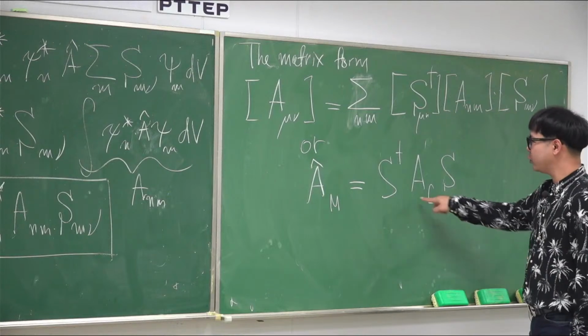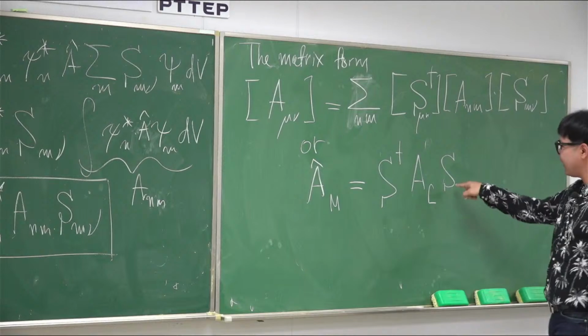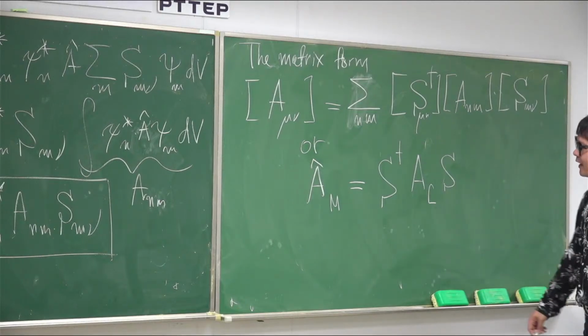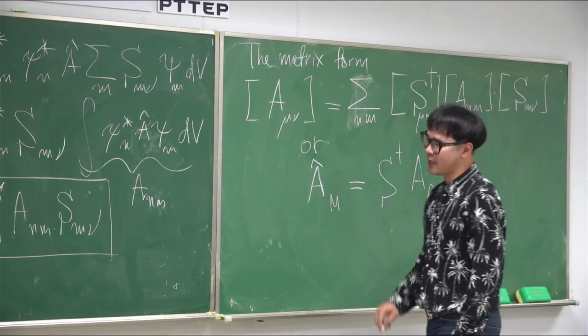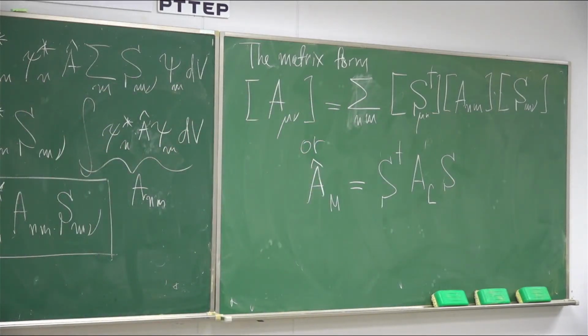And then you do the transformation by sandwiching this matrix S here. You're going to get operator A in representation of the M, right? Okay, any questions so far? No? Good.